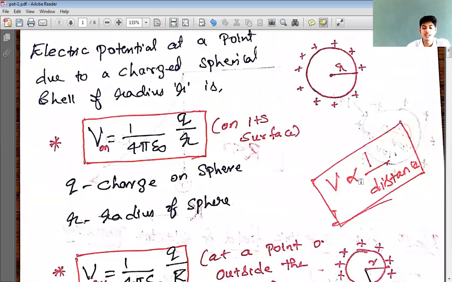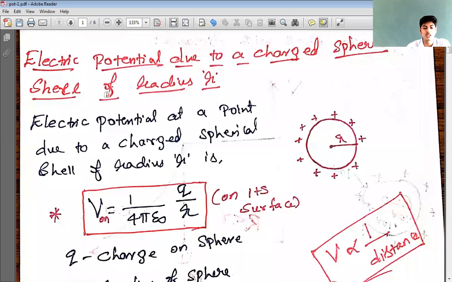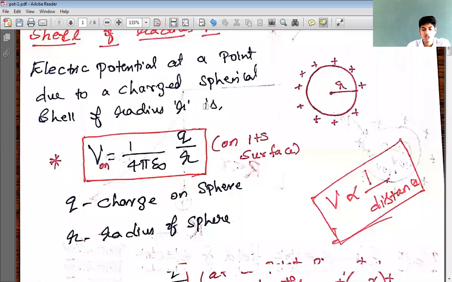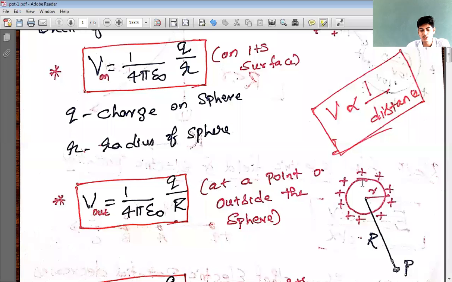So how does electric potential due to a charged spherical shell vary with distance? How does it vary? At a point on the sphere and at a point outside the sphere.